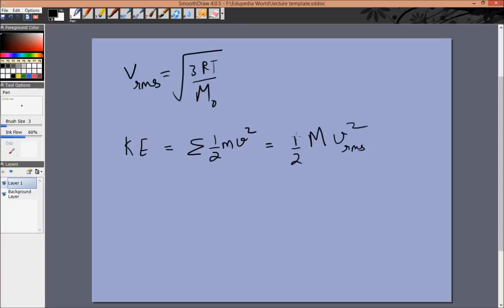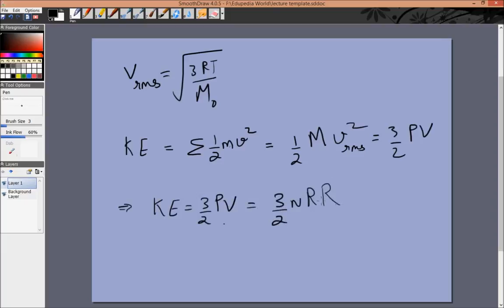But we know that PV is 1 by 3 of the M Vrms squared. So from that, half M Vrms squared will be 3 by 2 PV. From that I get kinetic energy is 3 by 2 PV, which is 3 by 2 small n RT.